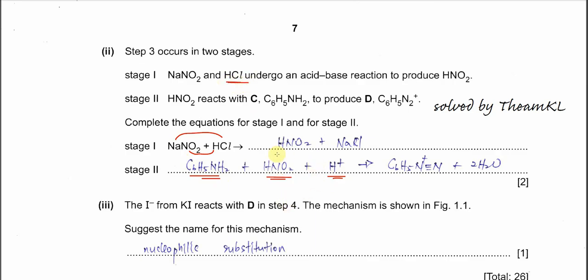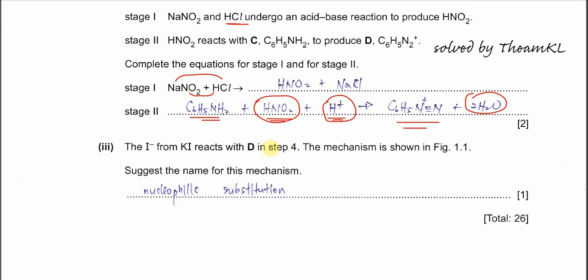With these three, it can form the benzene diazonium ion, C6H5N2 positive. And remember, plus 2 H2O. So this is the equation to form the benzene diazonium ion from the phenylamine. We must use nitrous acid and the acid, in this case HCl.